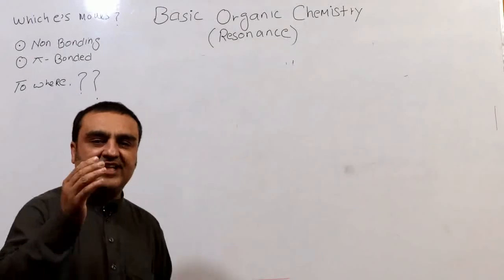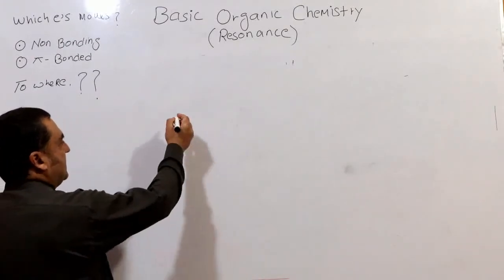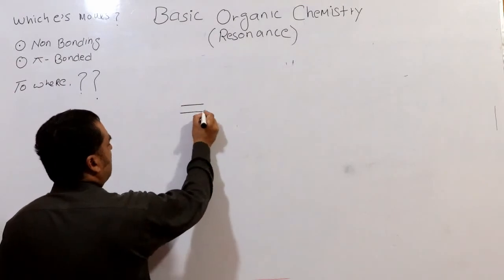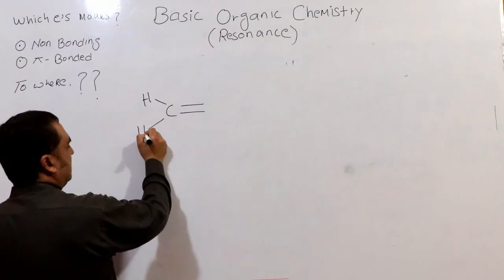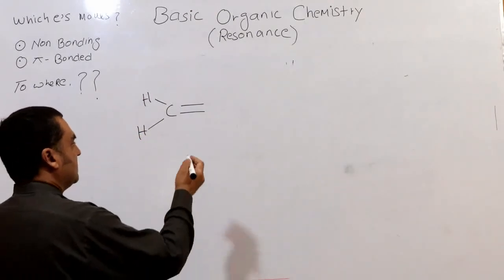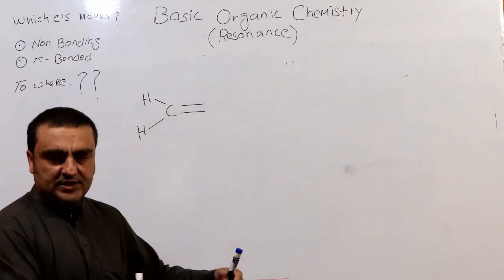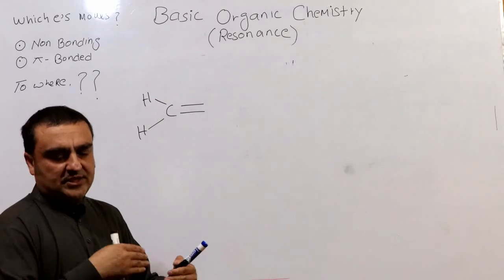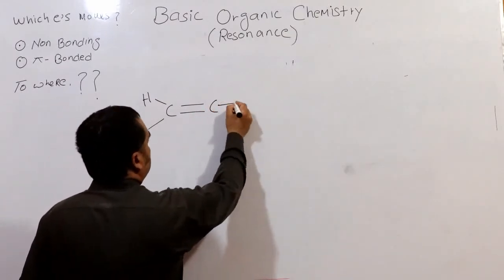Another thing is the electron doesn't move to every positive charge. As you see, suppose this is a double bond, okay. Before studying the rule, we just need to study the moves of electrons. It's also a part of the rule, but it's a minor part. The major part we'll be studying a little after a while, okay.